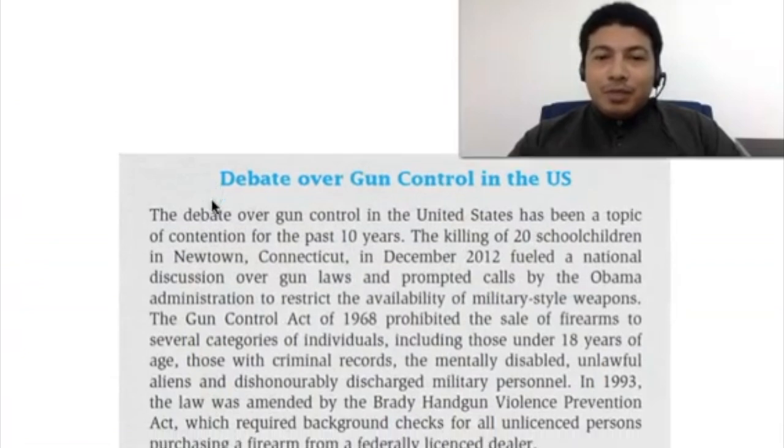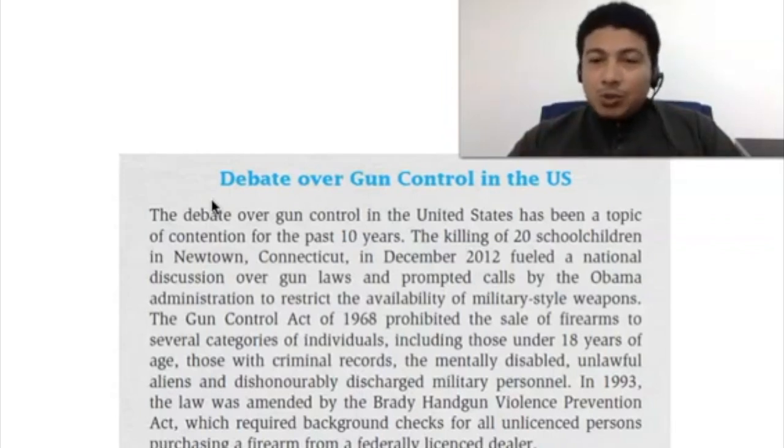And the same goes for this paragraph. The topic is the debate over gun control in the US, and the stated main idea is that the debate over gun control in the US has been a topic of contention for the past 10 years.